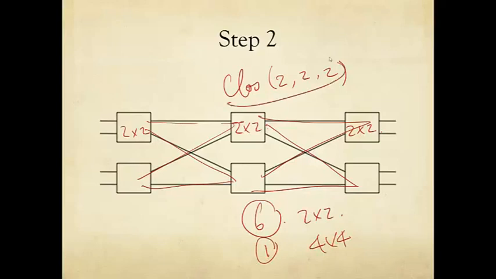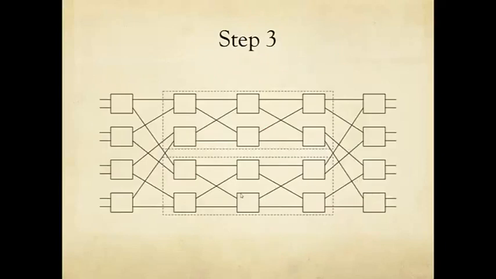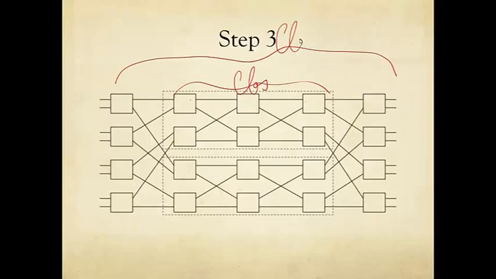So you're going to substitute this thing back into each of these 2 middle stage switches, and this is what you get. You just substitute this collection of 6 2 by 2 switches as 1 4 by 4 switch into the original. So this is a combination of one Clos network here with another Clos network, a composition of 2 Clos networks.